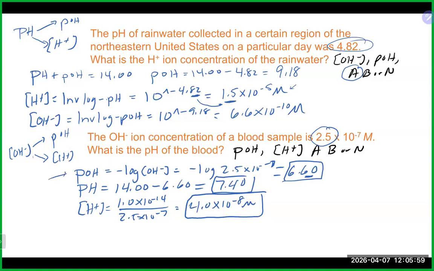You could also use obviously the pOH calculation as well. This one is going to be slightly basic, since it has a pH of 7.4. Any questions on any of those calculations?